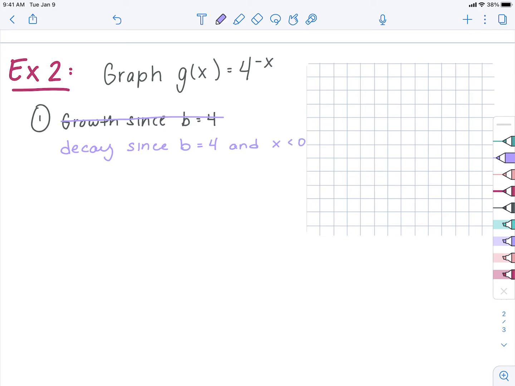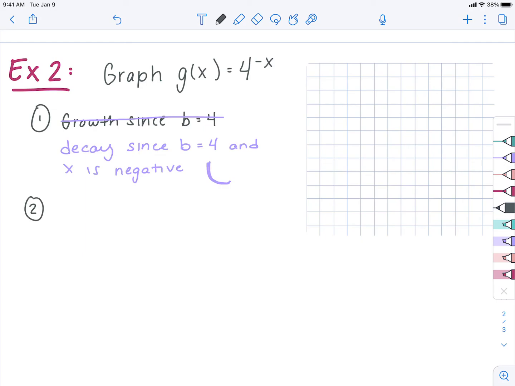The x value is negative. So when the x is negative, it switches your rules. So since originally we would have said it was growth, it switches it because it reflects it. So it's really decay, which means our graph really should look like this.